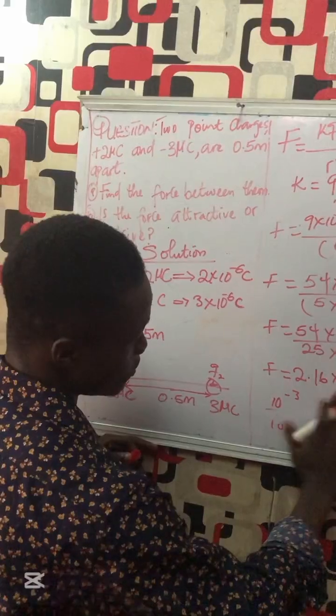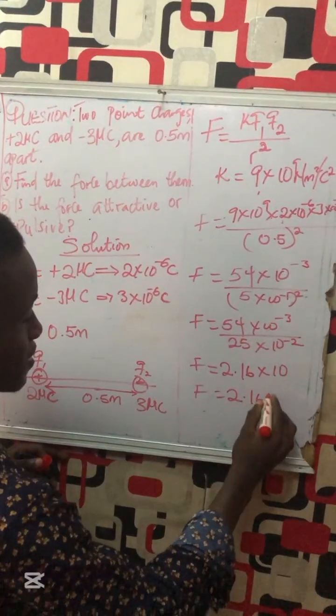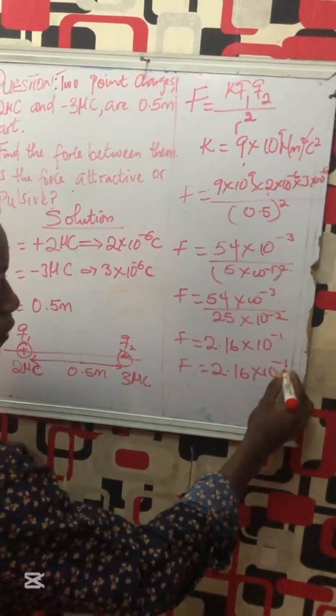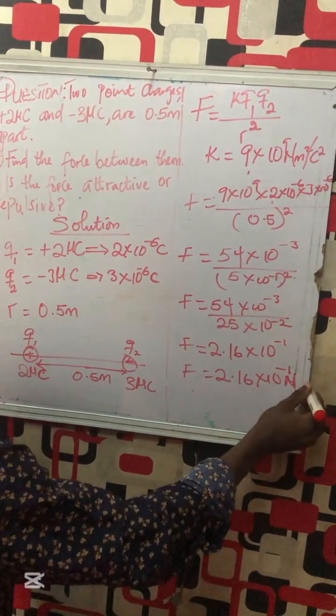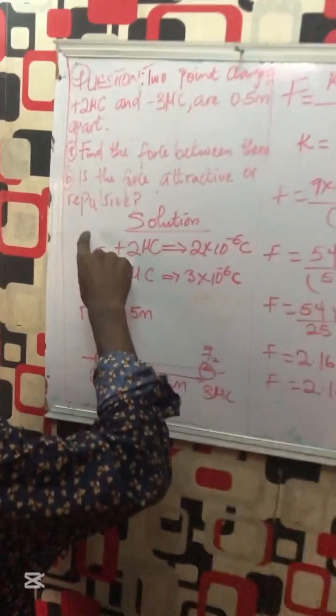So we have 10 raised to the power minus 1. So F is equal to 2.16 times 10 raised to the power minus 1, and our unit of force is Newton. So this is the force of attraction between these two point charges.